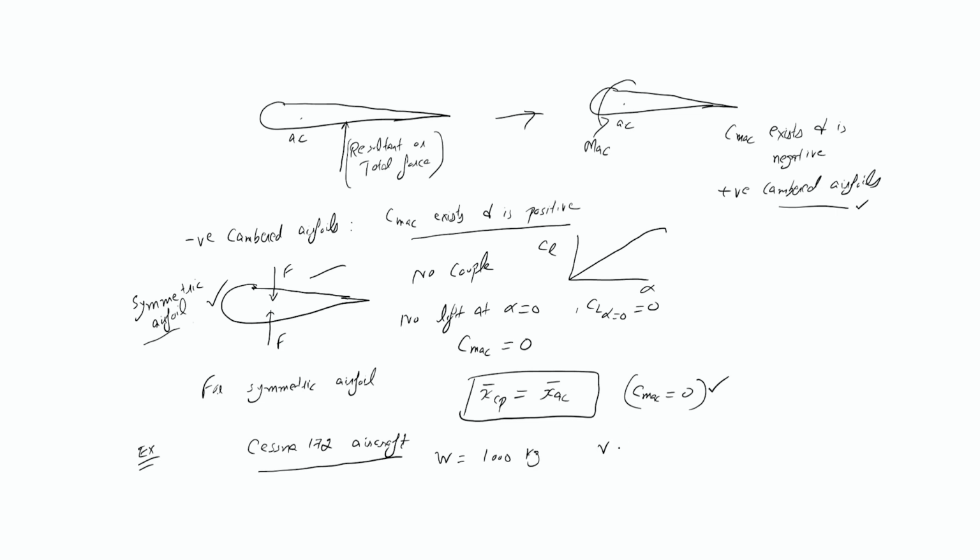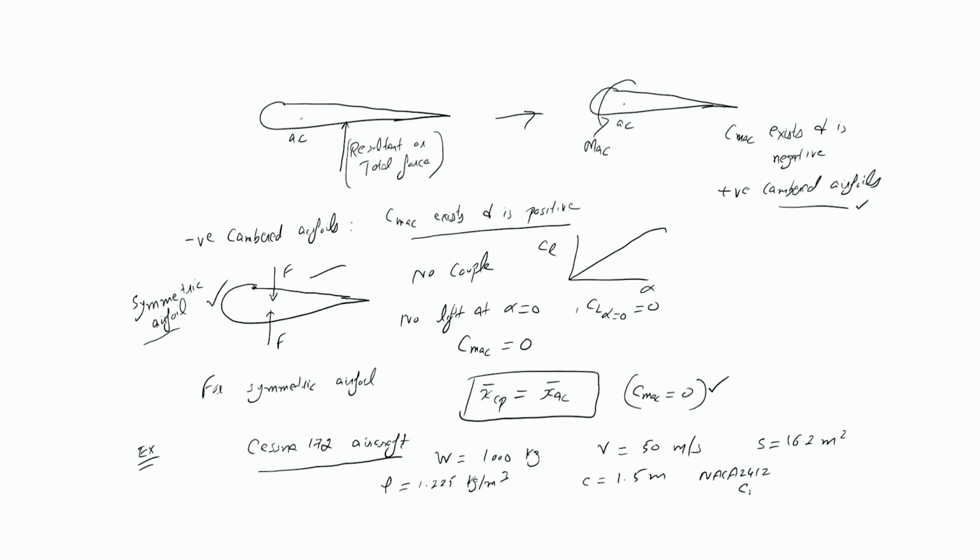Suppose the aircraft speed is 50 meters per second. The area is 16.2 square meters, and assume the aircraft is at sea level, that is, density is 1.225 kilograms per cubic meter. Chord length is 1.5 meters. Consider the NACA 2412 airfoil.